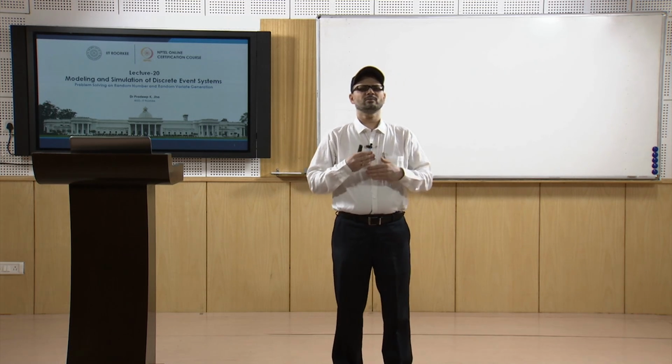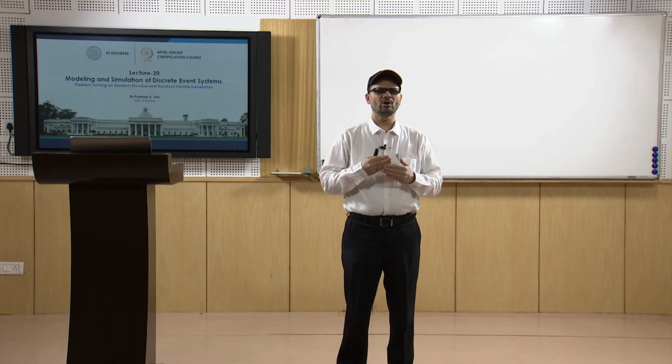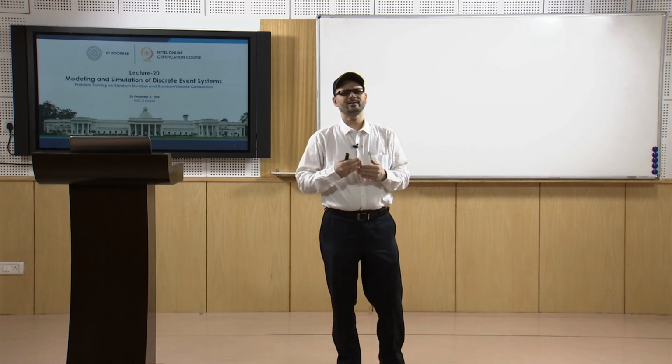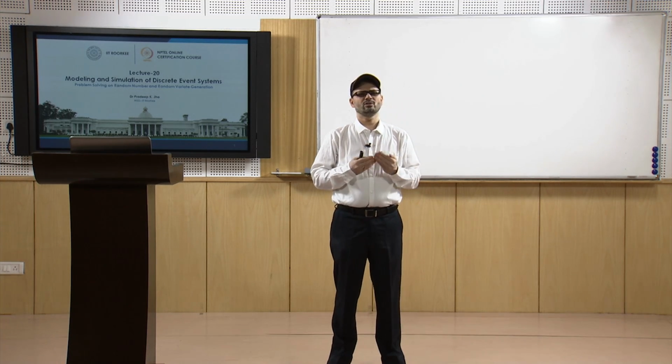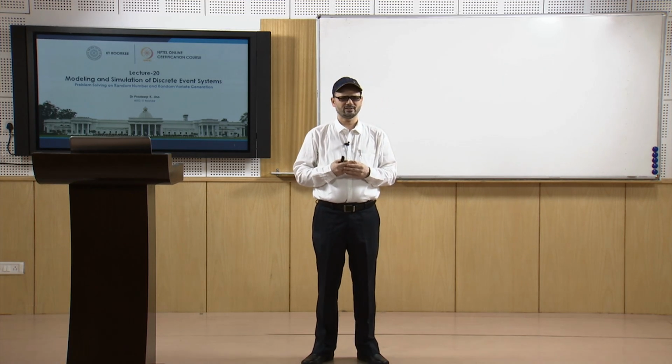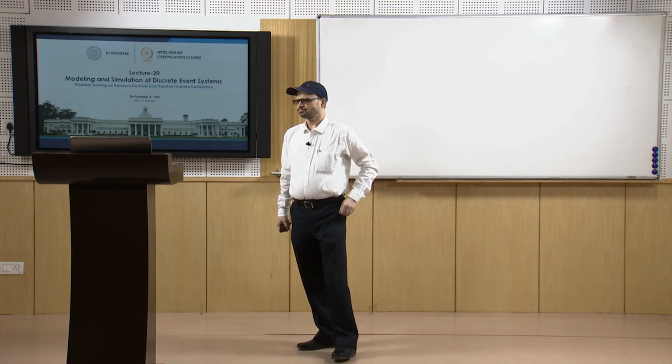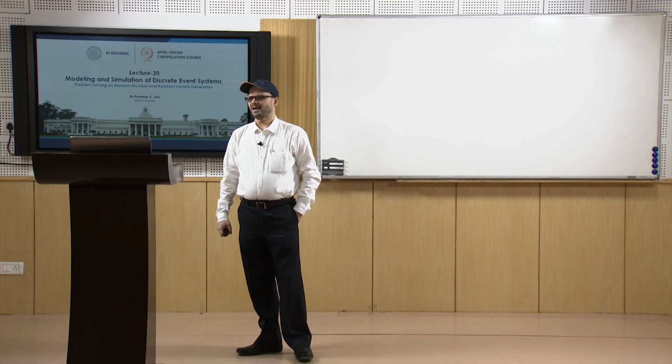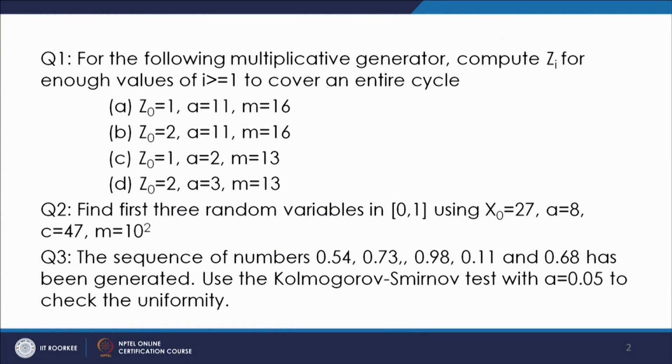In the case of random number generation, we would like to solve problems where we find the random numbers based on congruential generators, and we will also solve problems based on the uniformity and dependence tests for these generated random numbers. The first question is that for a multiplicative generator we have to find Z I for enough values of I greater than or equal to 1 to cover the entire cycle.